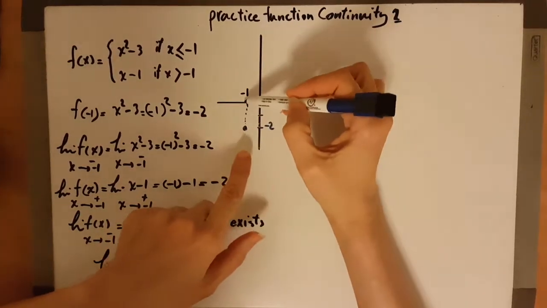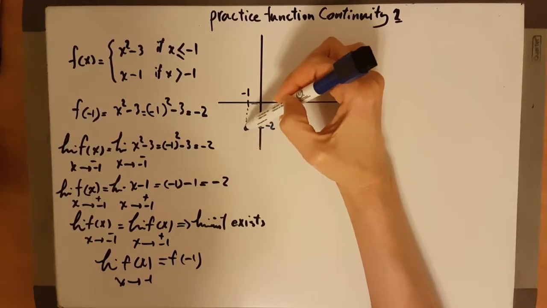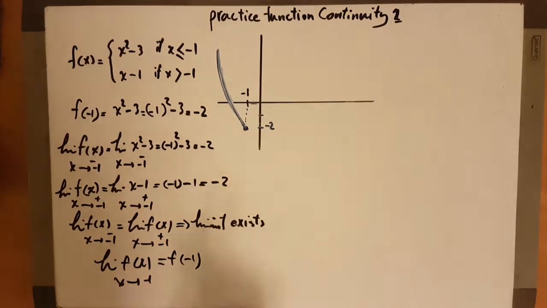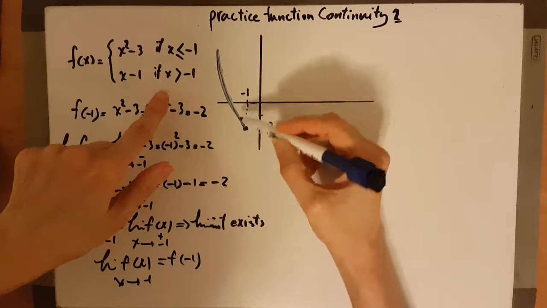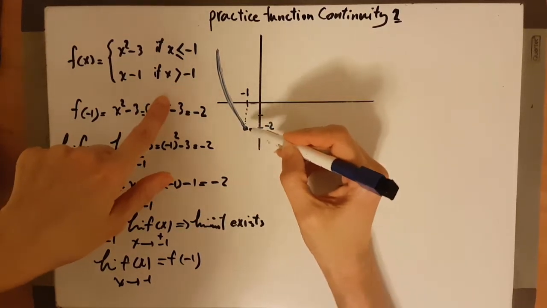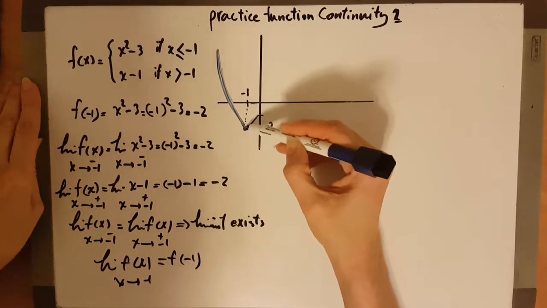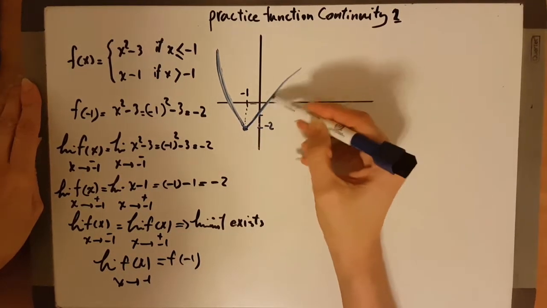For smaller than -1, I'm dealing with this function, which is a curve looking like this. For bigger than -1, I actually have a line, which is going to look like this.